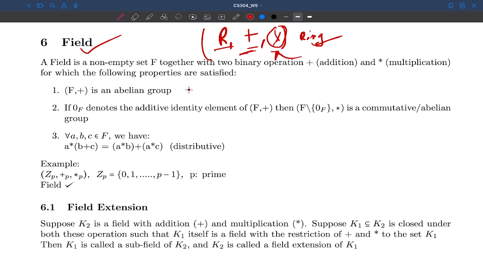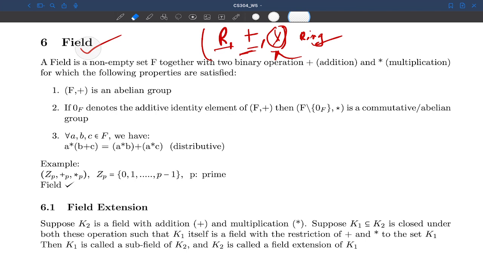So in the field we made both our operators act like a group. Both operators are forming a group with my set. And again this third property is the same as we had in the ring, that the second operator should be distributive over the first operator.